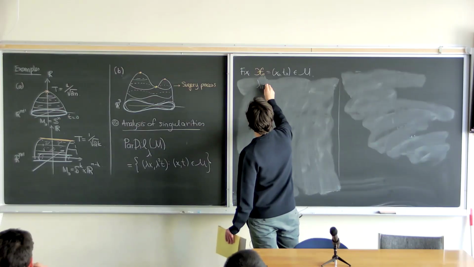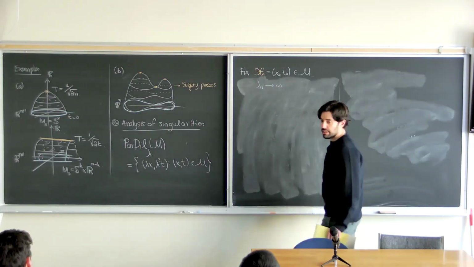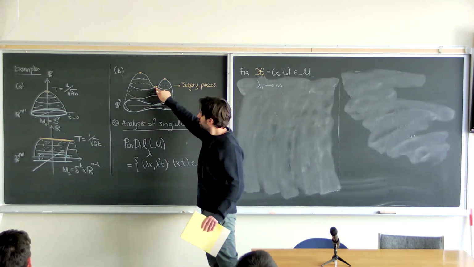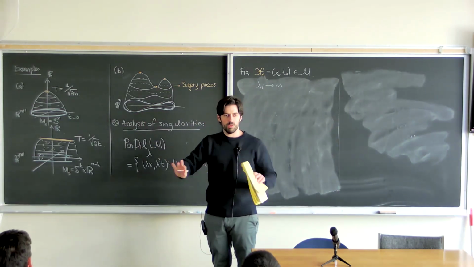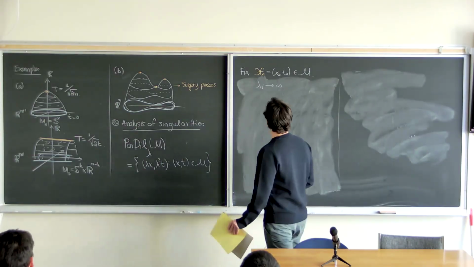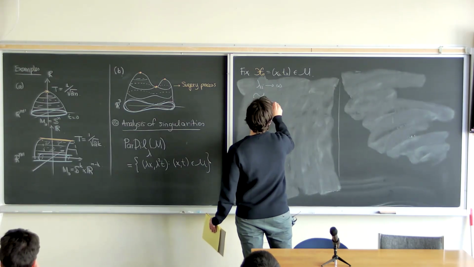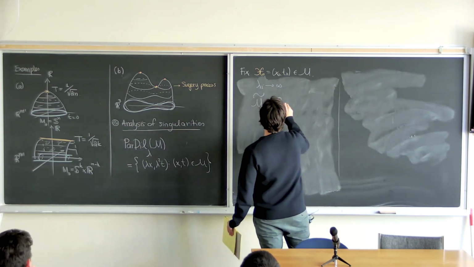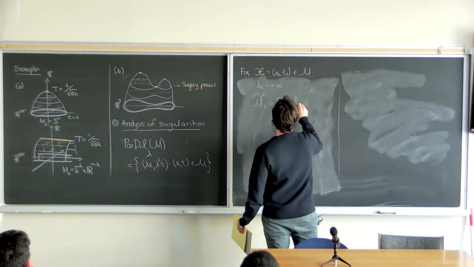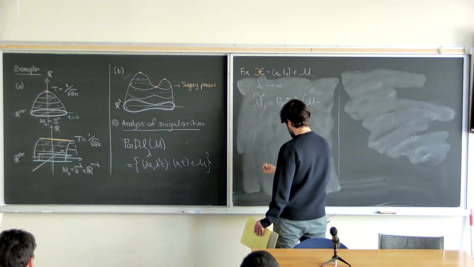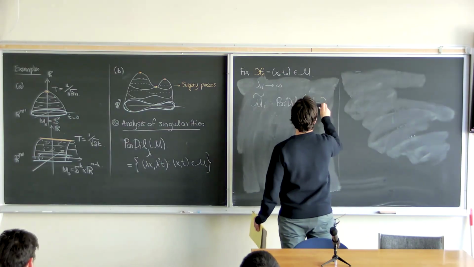You choose some sequence of positive lambda i's going to infinity. You take this picture, you bring it to the origin, and then you parabolically dilate. So then you define M i tilde to be the parabolic dilation under lambda i of M translated backwards so that x0 goes to the origin.